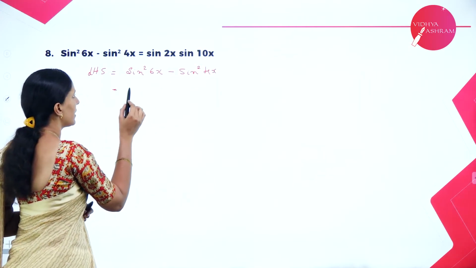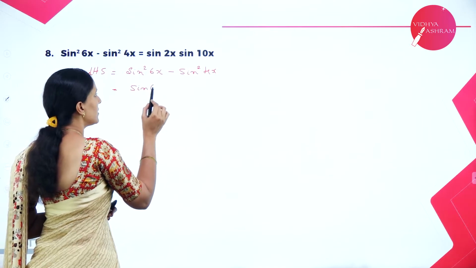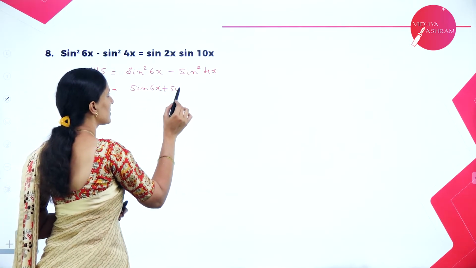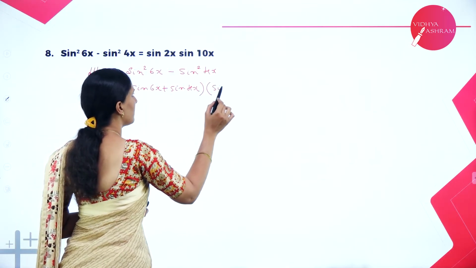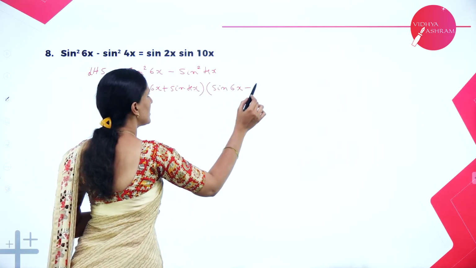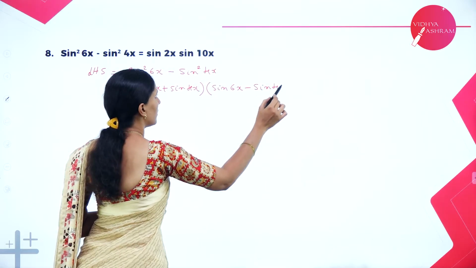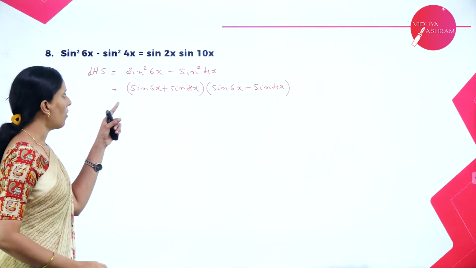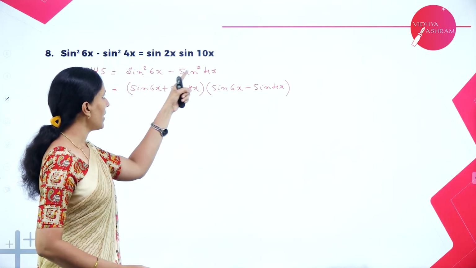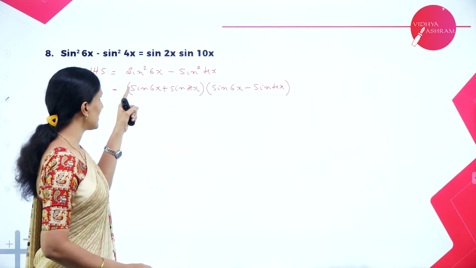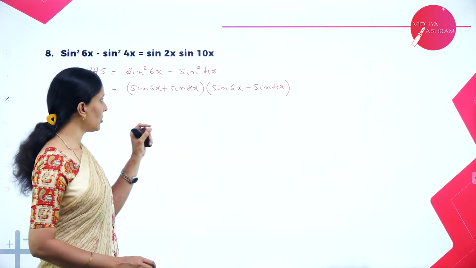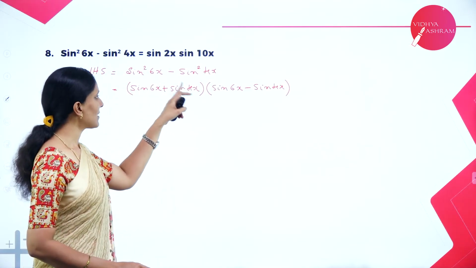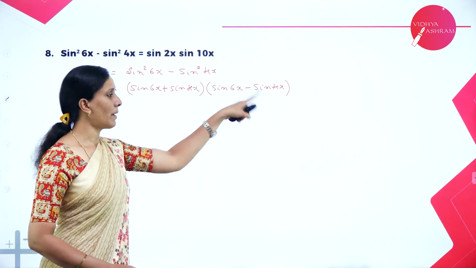So this can be written as sin 6x plus sin 4x and sin 6x minus sin 4x. Now this is in the form of a square minus b square, which can be expressed as a plus b, a minus b. Now using the transformation formula sin x plus sin y and sin x minus sin y.